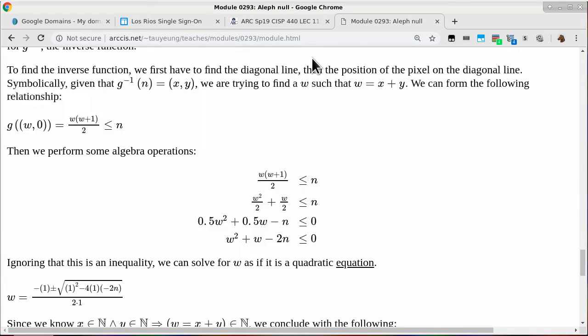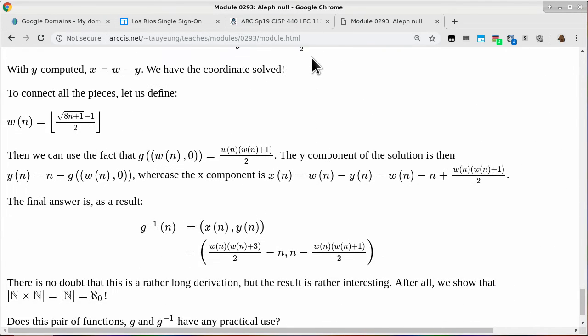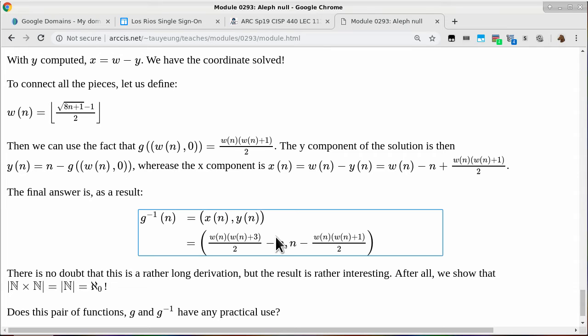But the other part that is also significant and useful is g inverse, which looks like that. That means you can give me a coordinate, and I can tell you what natural number maps to that coordinate. But I can also reverse the process. Give me a natural number, and I can tell you what the coordinate is corresponding to that natural number.